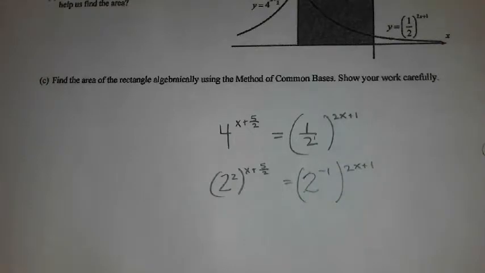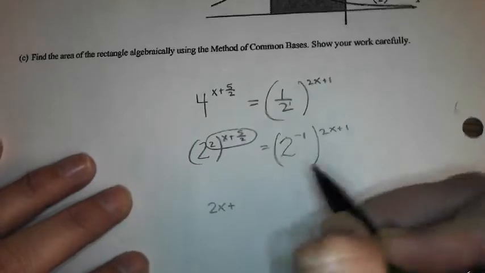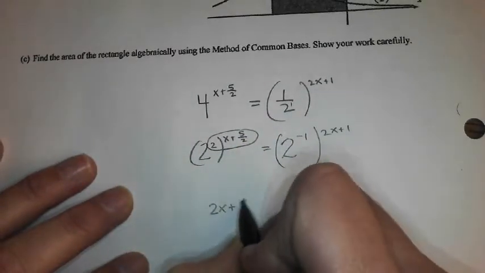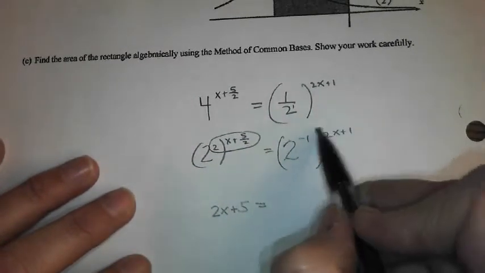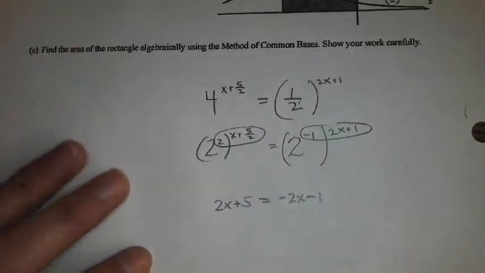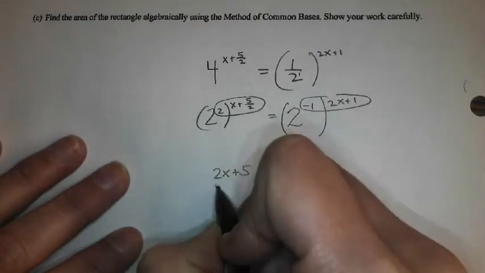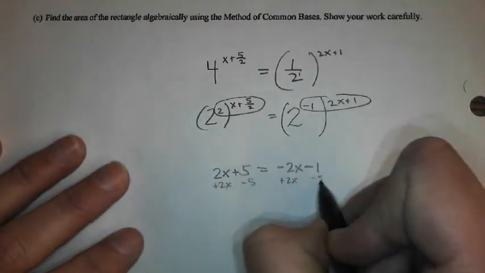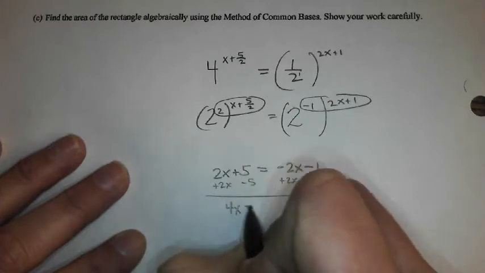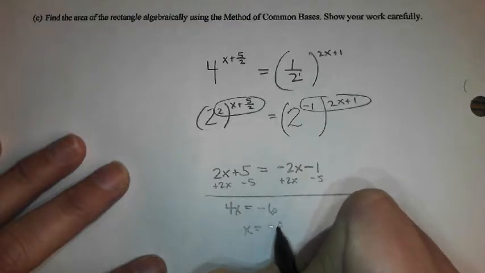Now in my power to powers I multiply, so this is 2x plus 10 halves, which is just 5. And this is distributed, negative 2x minus 1. Add 2x to both sides. At the same time, I'm going to subtract the 5 over to the right, and I get 4x equals negative 6, so x equals negative 3 halves.